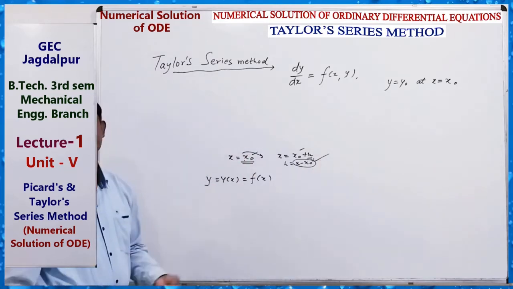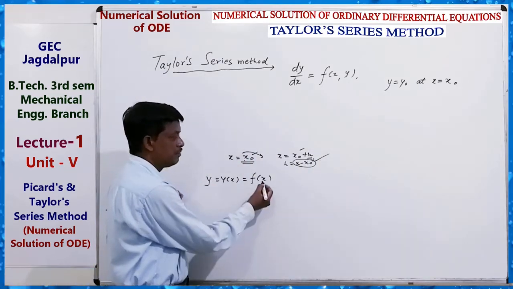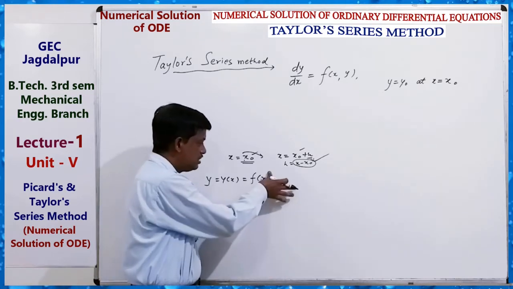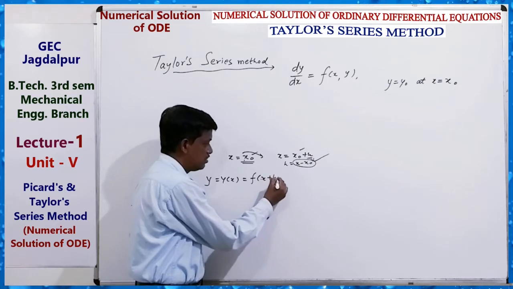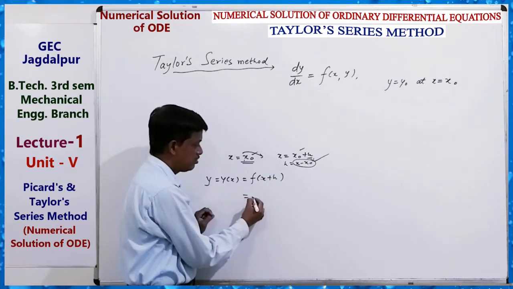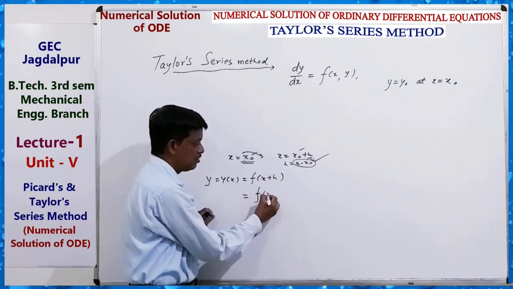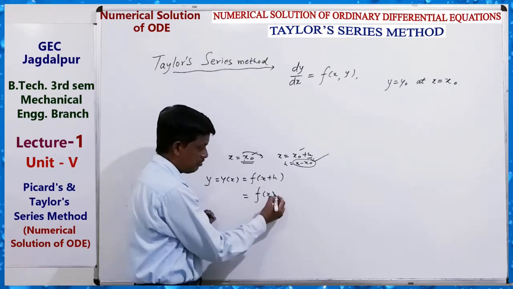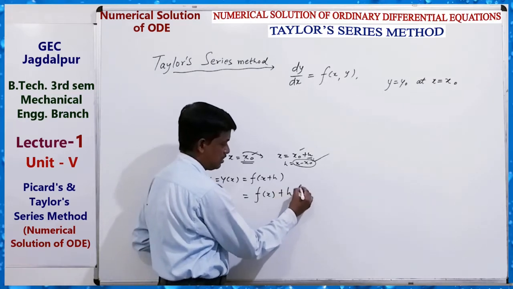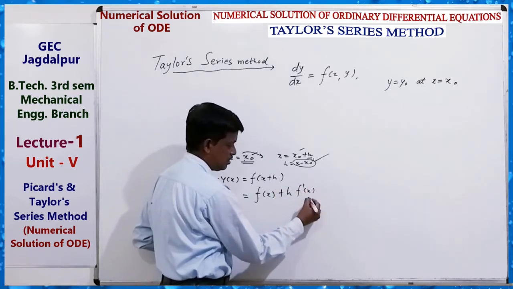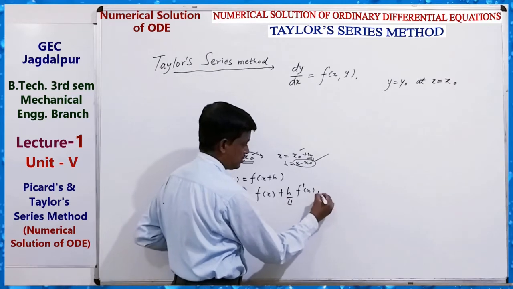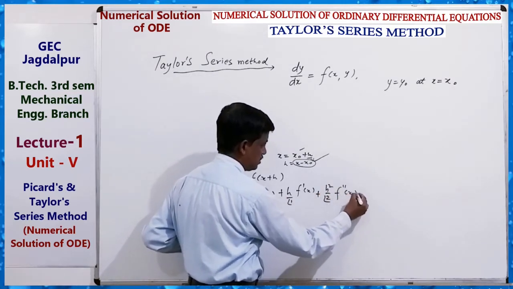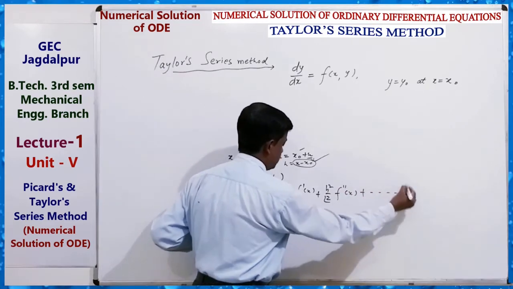Using this difference we write the Taylor series: y(x + h) = f(x) + h f'(x)/1! + h^2/2! f''(x) + and so on.